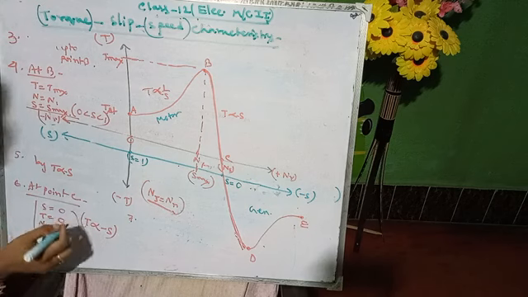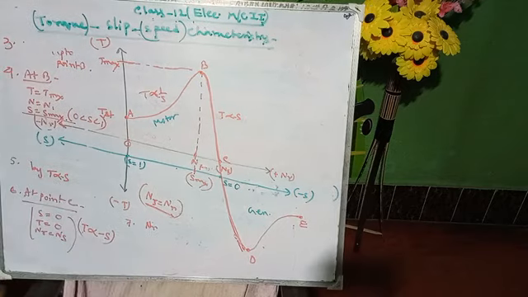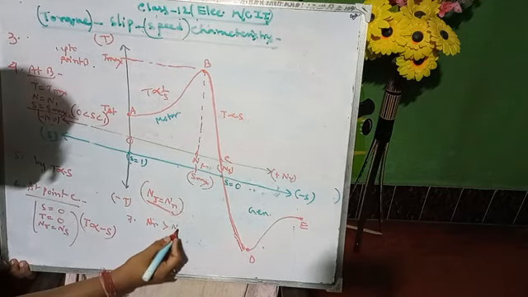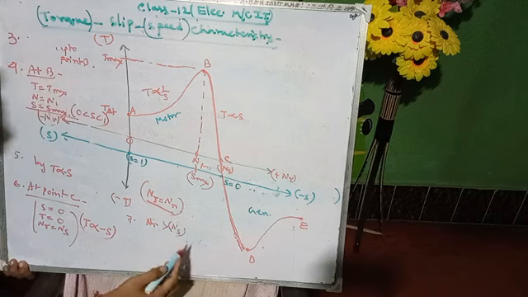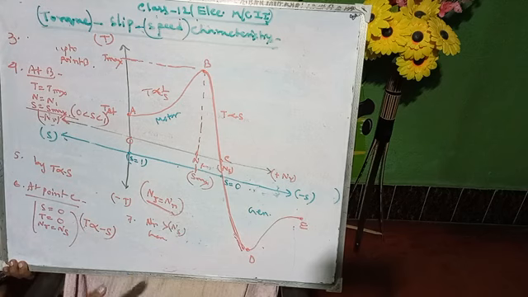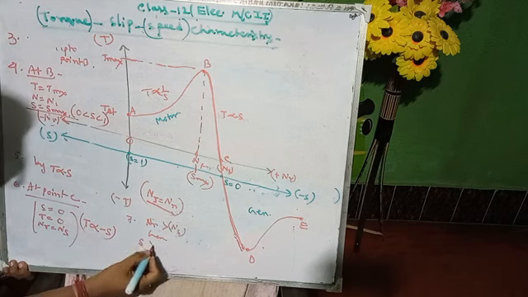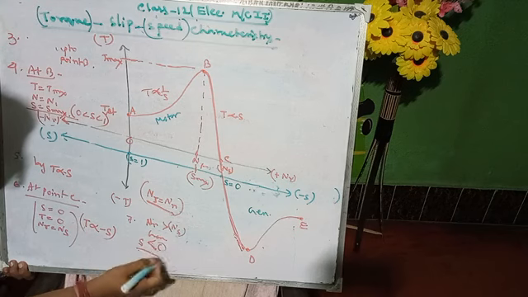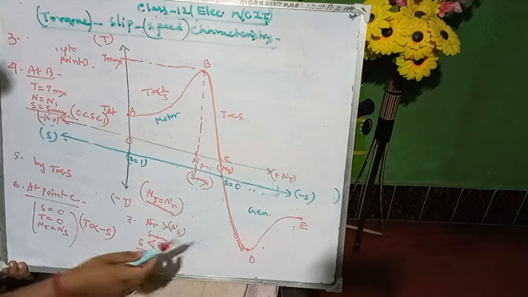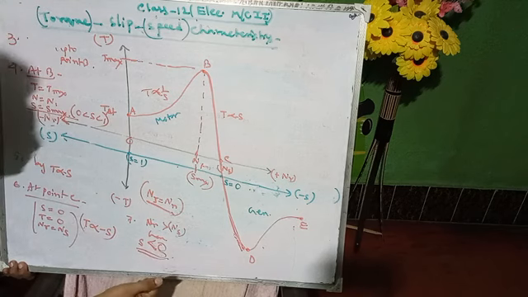So point 7: if we again increase the rotor speed nr greater than ns, then it will move into the generating characteristics of the machine, where slip is less than 0, that is, the machine runs at super synchronous speed.